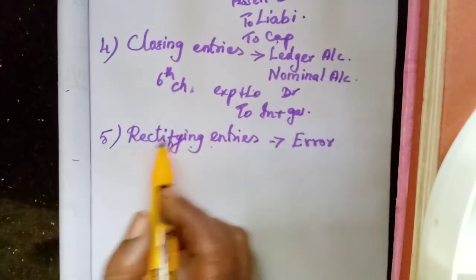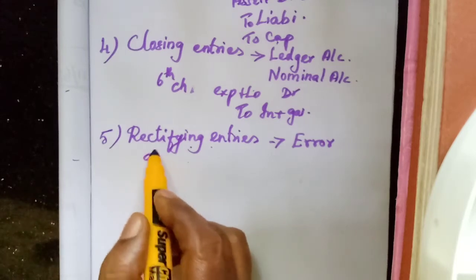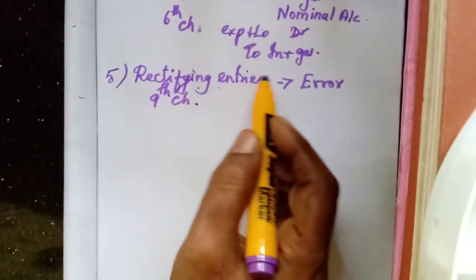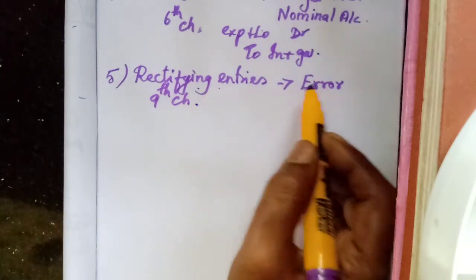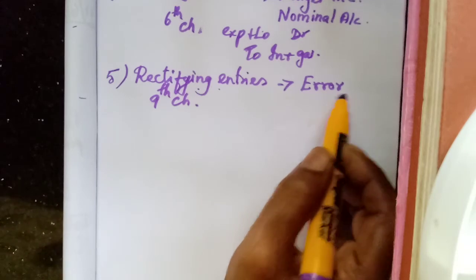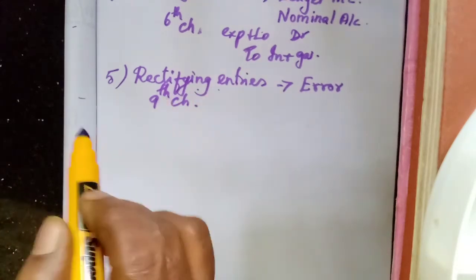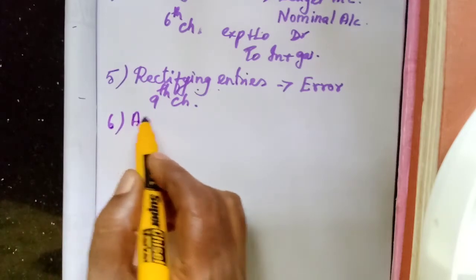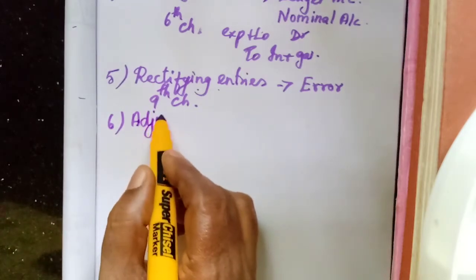That we will learn in lesson 9, where we will learn rectifying entries. So if there is any error at the time of preparing accounts, it will be corrected or rectified by the preparation of rectifying entries. Understood? Then the next one, adjusting entries.